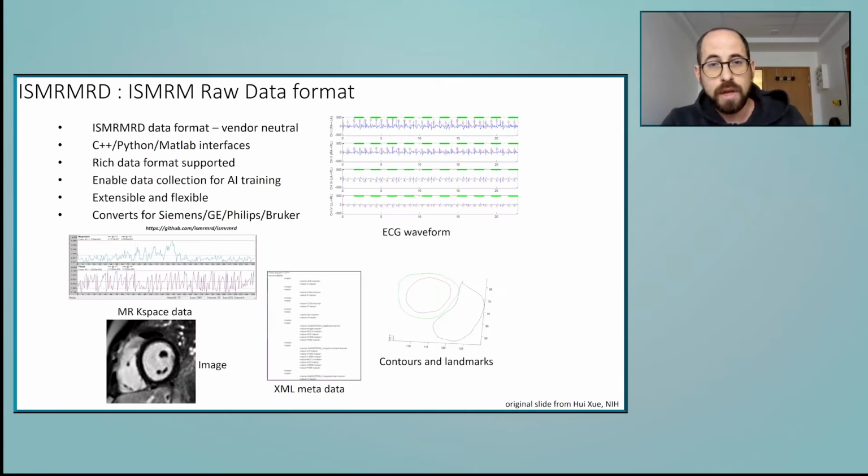So the design, let's say, a structure that can handle the k-space. So you have the readout data with magnitude and phase, but you can also integrate physiological information, data from the scanner, and also segmentation like contours.